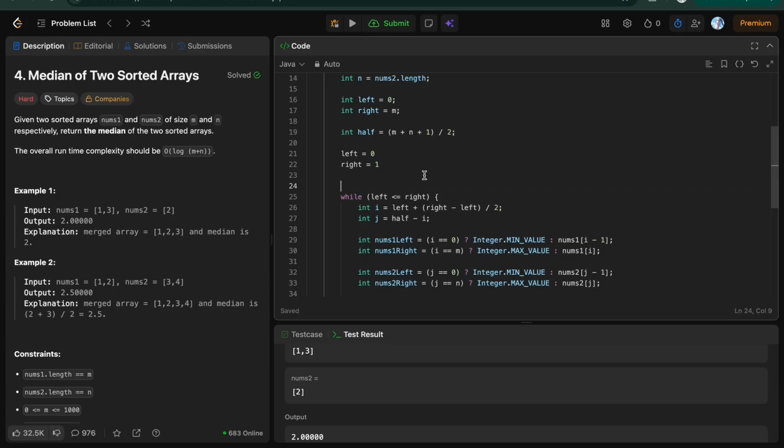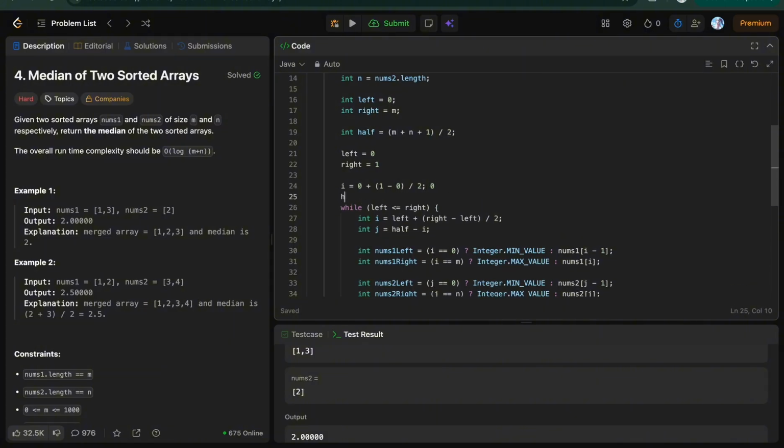So i will be 0 plus (1 minus 0) divided by 2, and that's just going to give us 0, because I'm not doing the decimal, just dividing by 2.